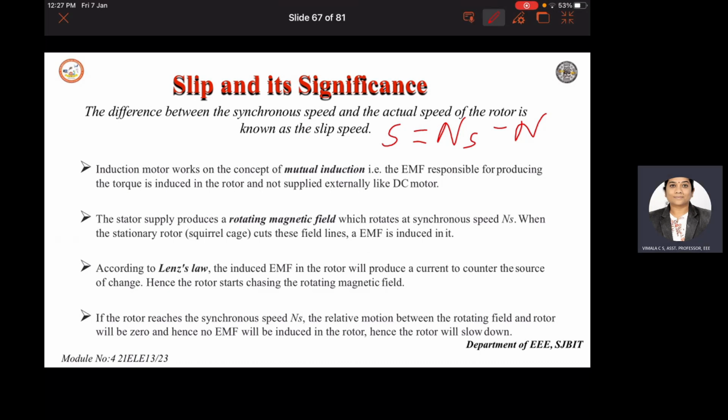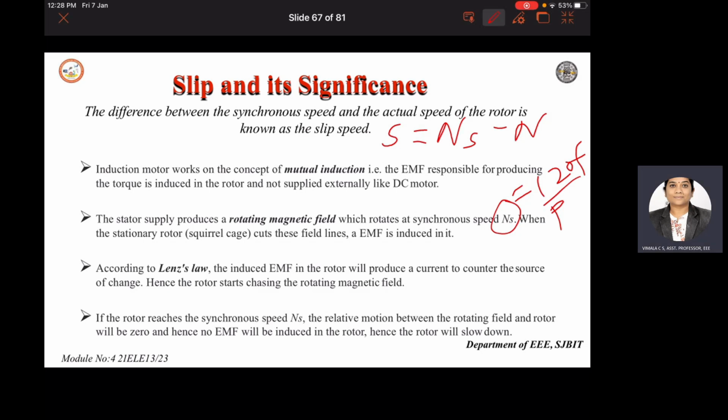The stator supply produces a rotating magnetic field which rotates at synchronous speed Ns equal to 120 F by P. According to Lenz's law, the induced EMF in the rotor will produce a current to counter the source of change, because it will oppose the cause producing it. The cause is nothing but the supply voltage or the source. Hence the rotor starts chasing the rotating magnetic field. It always tries to catch up with the synchronous speed of the rotating magnetic field.